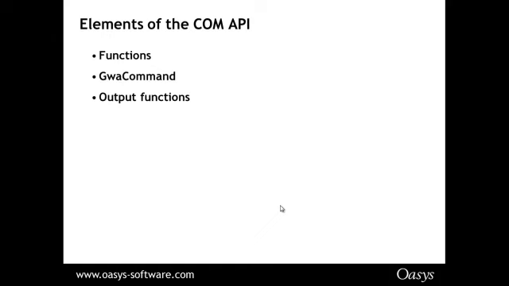You can either set an entity or get an entity, and if you get an entity, it returns a string in the GWA format. If you want to set an entity, you need to supply a string in the GWA format. You can query other things like the highest node and highest element, and there's a format for that as well, all of which is documented both in gwa.html and in the help file.